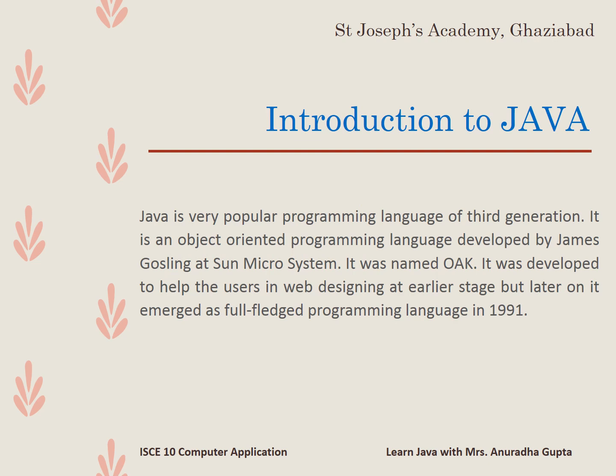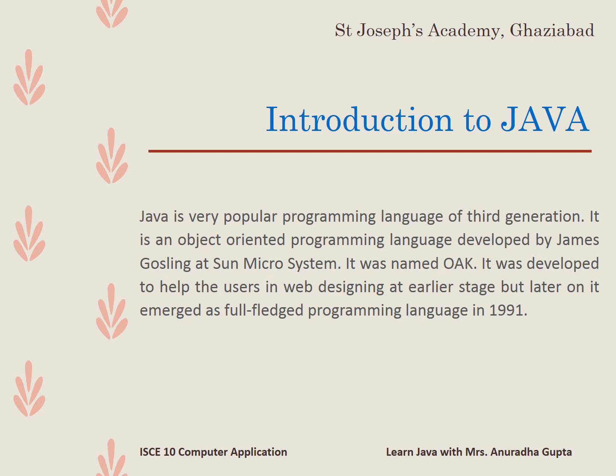Java is an object-oriented programming language developed by James Gosling along with his associates at Sun Microsystems, which is a software company from USA. This language's initial name was Oak. After some time, James Gosling came to know that one language was already available with the same name.